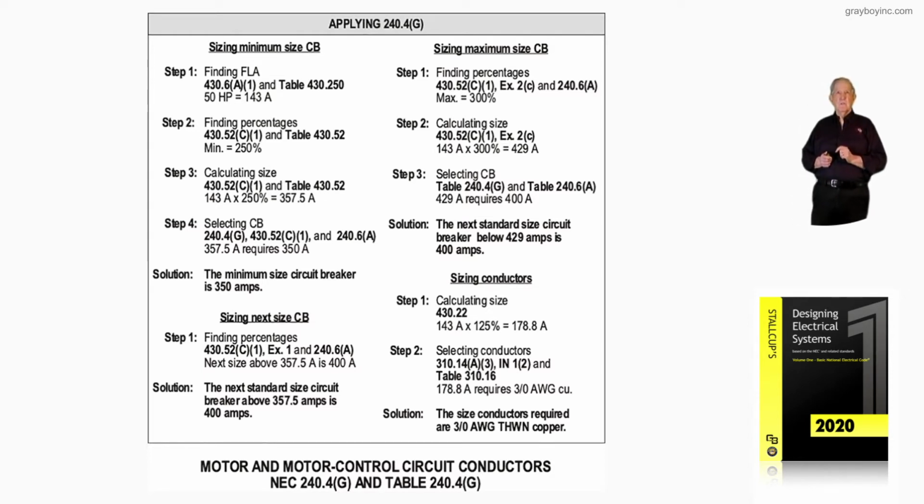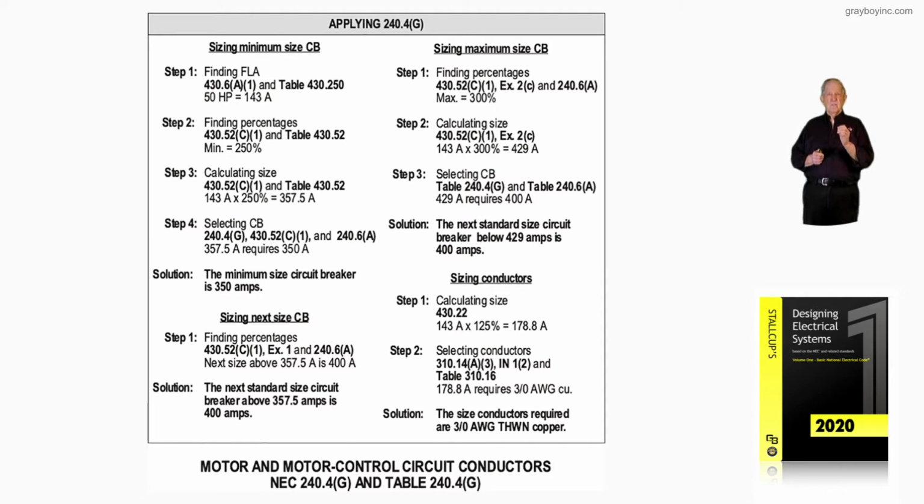That's the 4 things we look at using the table. Step 2, 250%. And we select that and apply the math of step 3. 250% of 143 amps from step 1 would be 357.5. Now you have to make a decision. Do I want to stick with 430.52(C)(1)? That says in that section you can't exceed the percentages of the table.